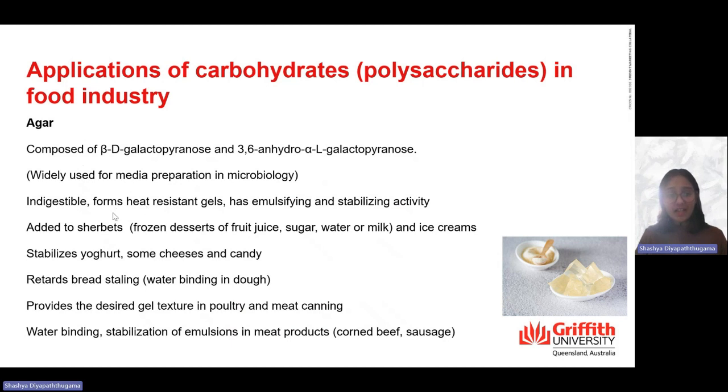This agar can form a gel which is heat resistant, and it is used in sherbets, frozen desserts, ice cream, to stabilize yogurt, candy, and it can retard bread staling because it can bind water. It provides the desired gel texture in poultry, meat, canned products, and is used for water binding and stabilization of emulsions in meat products.